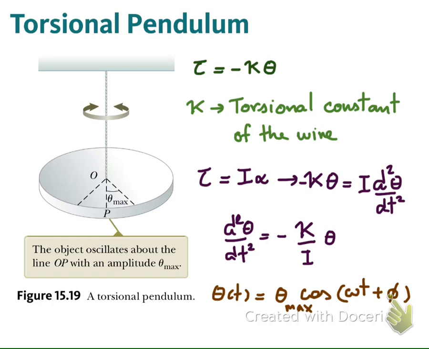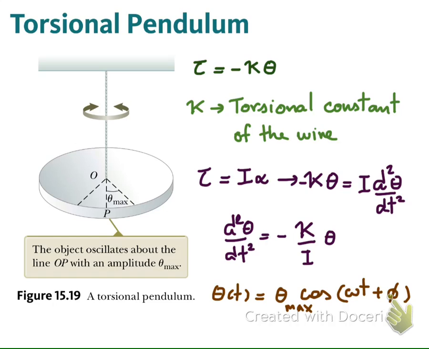The value of omega can be obtained in a very similar way to the spring case. If you compare with the spring case, this term will give you the angular frequency.